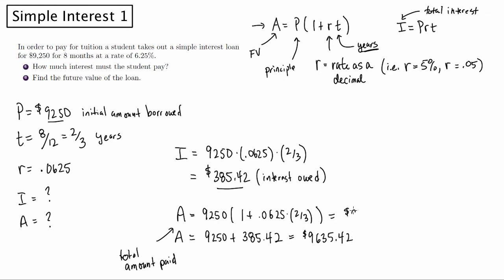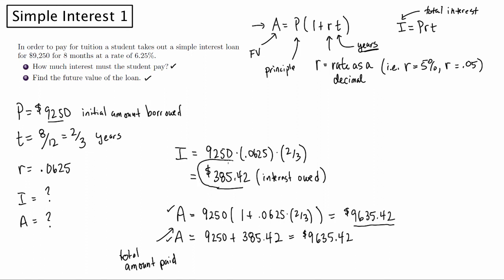And that's the exact same amount you would get for both. And so if you go through the step of finding the total interest like we did in part 1, then you have two options for how to find the future value. You can use either of these two formulas to go ahead and find that.